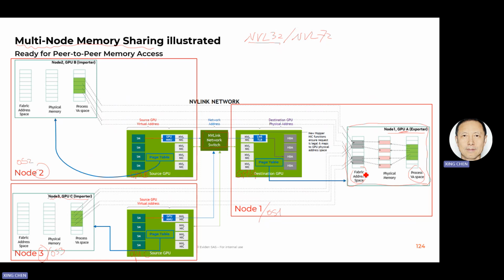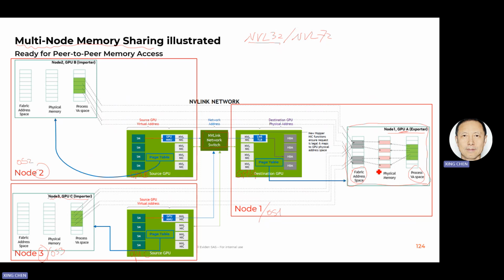I think in real life, it's easier to have two page tables. One is for virtual address space, the other one is for the fabric address space. I don't know the implementation details, but I think the best case is you have two separate page tables.